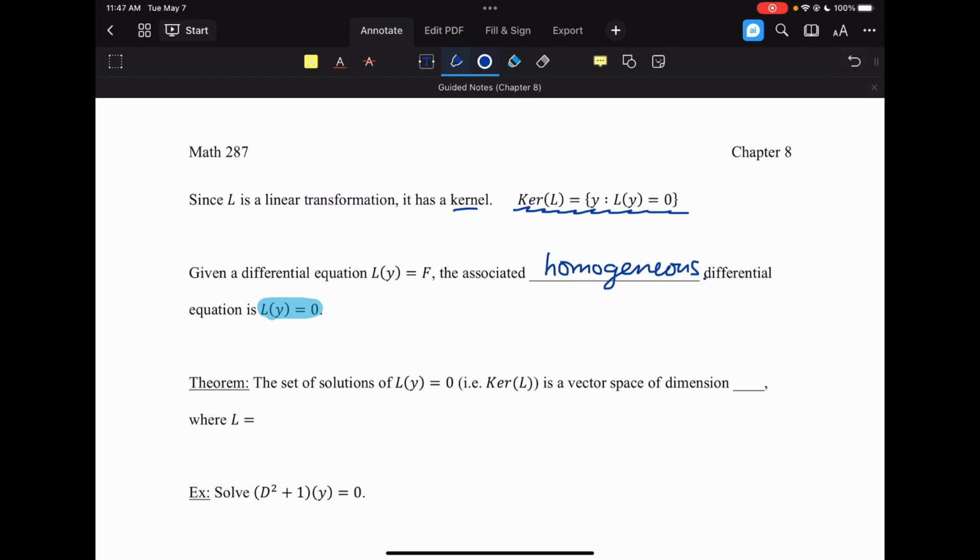We're looking specifically at the homogeneous differential equation, L of y equals 0. So the set of solutions to L of y equals 0, which in other words is the kernel, is a vector space. So the solution set to this is a vector space of dimension n, where L, of course, is equal to a naught d to the n plus a1 d to the n minus 1, etc., to a n minus 1 d plus a n.